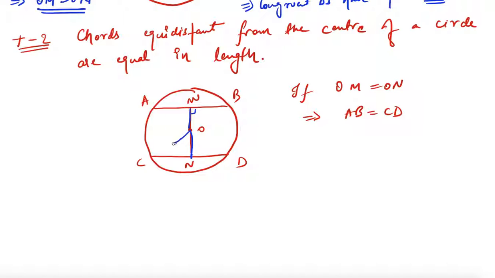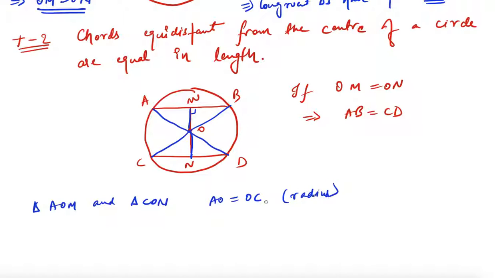I'll join OC, OD, OB and OA. Now in triangle AOM and triangle CON, that is this triangle and this triangle, I can say that AO is equal to OC, radius of the same circle. Since both the chords are equidistant, it is given that OM is equal to ON.